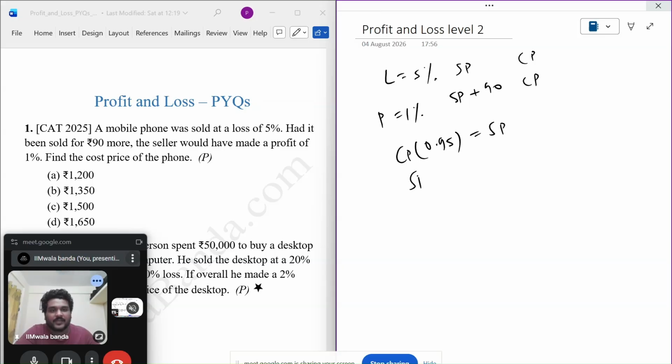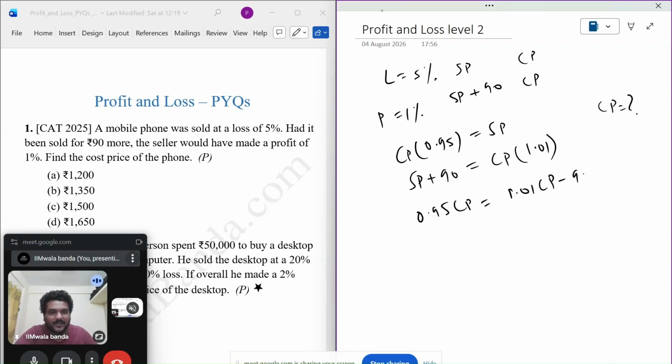Again, selling price plus 90 is equal to when the cost price was increased by 1%, right? To 1.01. Now we just need to find out the cost price. So let's equate selling price on both sides. 0.95 CP is equal to 1.01 CP minus 90. 90 will come here, that will go there.